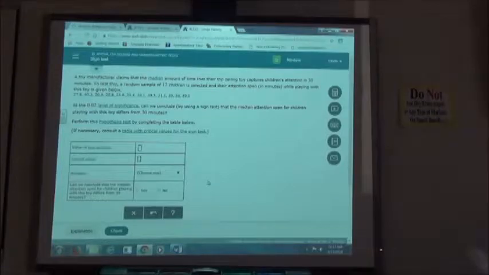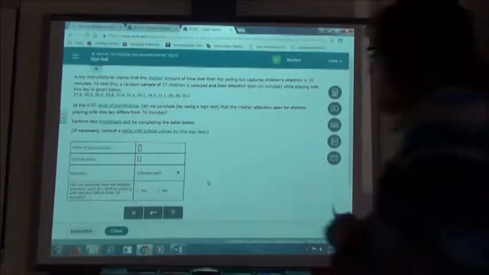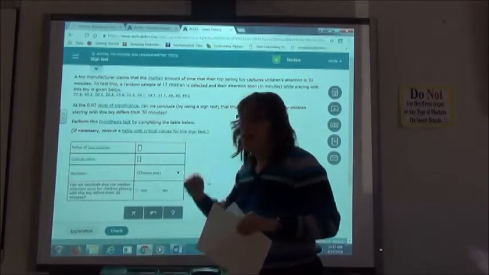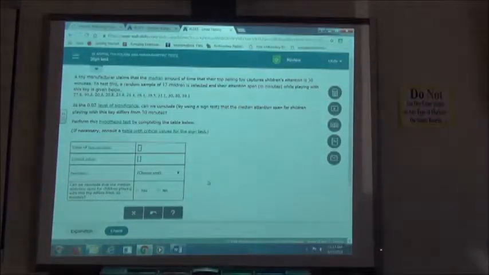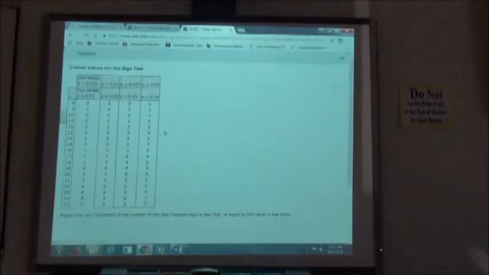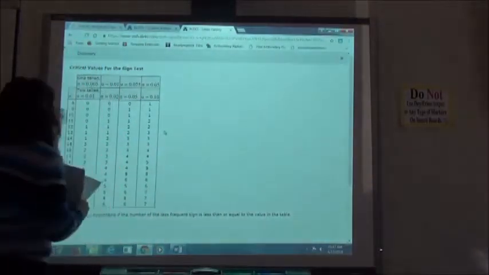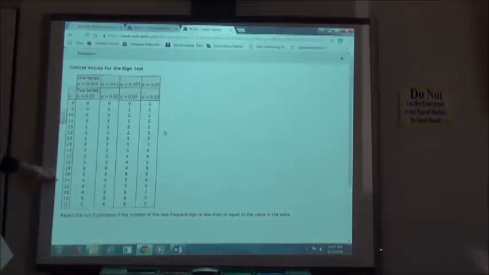On Alex, when I have my question there, you'll notice when it says if necessary, consult the table, you can click on that. So I'm going to go ahead and open that up. It's going to bring up a table with the critical values. I have my numbers from 8 to 25.